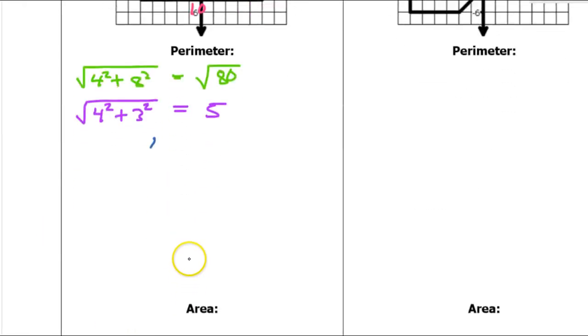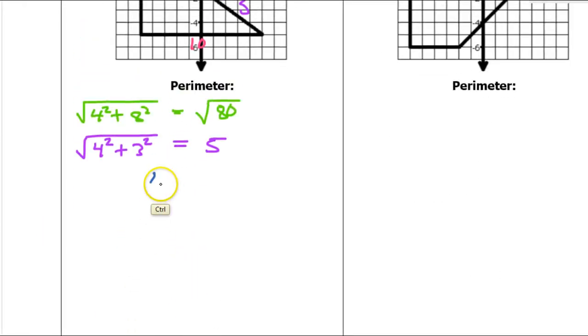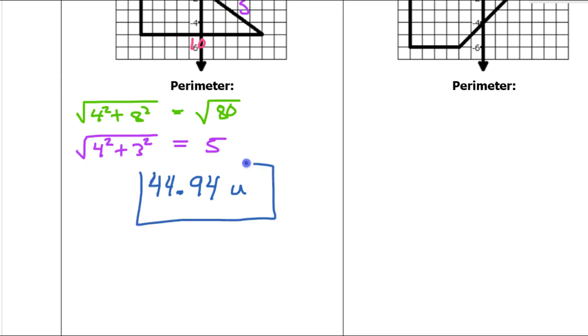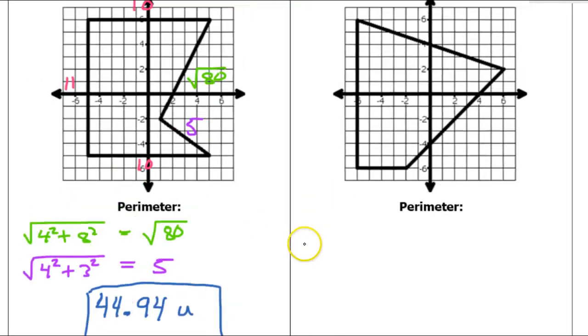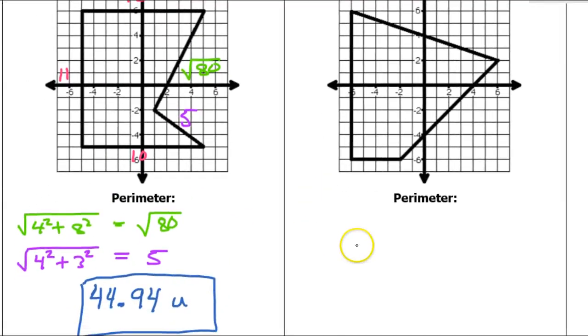Did they give me a space for it? Okay, no. So 44.94, and I'll just put units to reflect that it's a length, as opposed to when it's area, I'll put units squared. Anyway, that's the perimeter of the first shape.